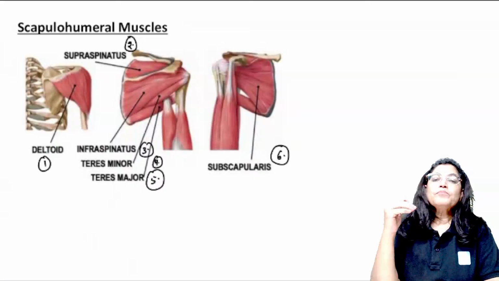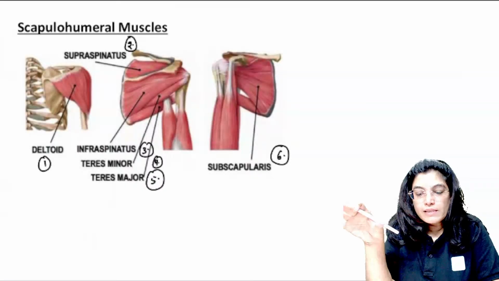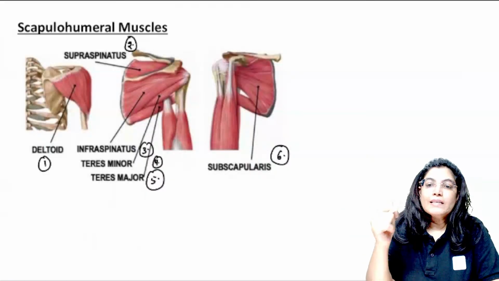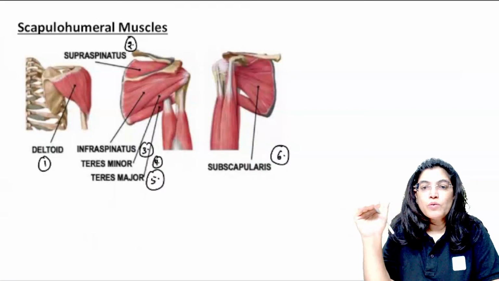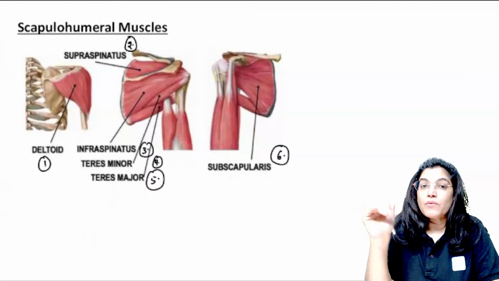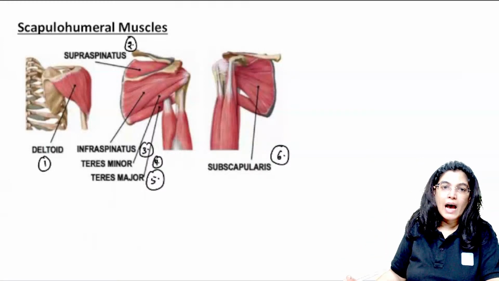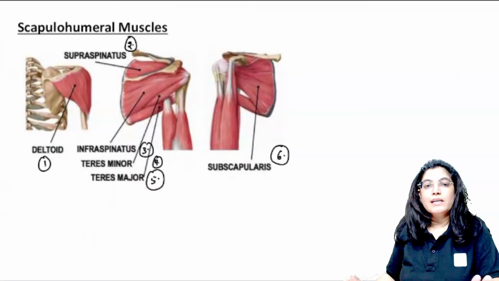We have to study all these muscles which connect the scapula and the humerus bone. Only this group of muscles is called scapulohumeral muscles. We will go into the details of all these muscles one by one. The first muscle we will start with is the deltoid muscle.